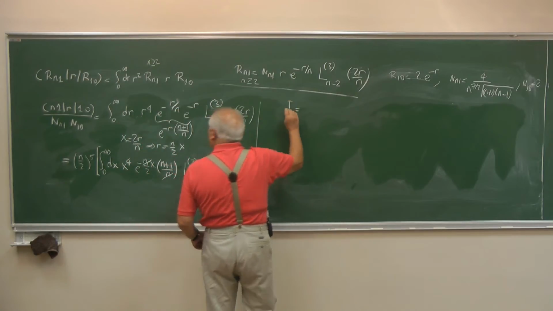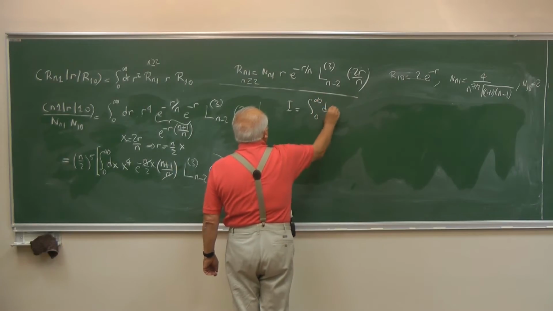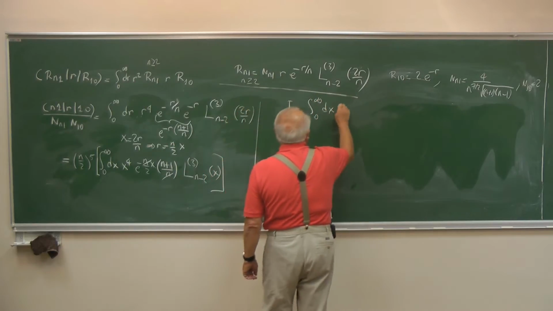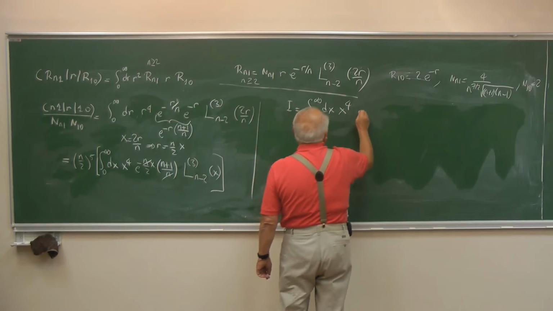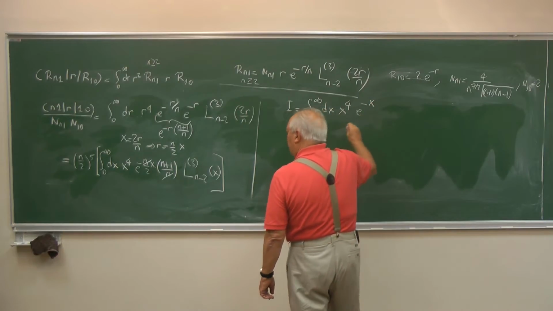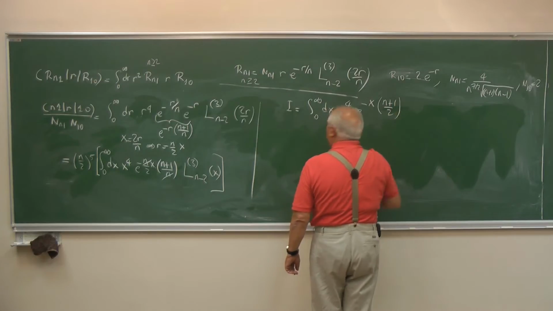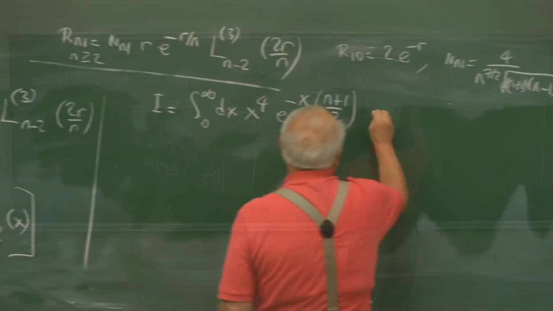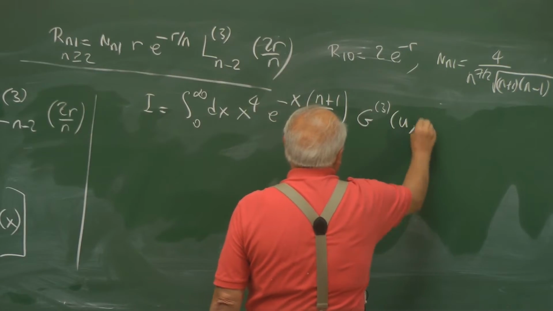I equals the integral from 0 to infinity dx x to the 4 e to the minus x times n plus 1 over 2 times g3 of u, x.